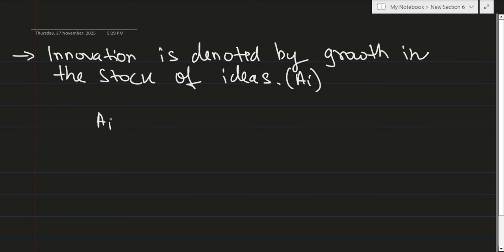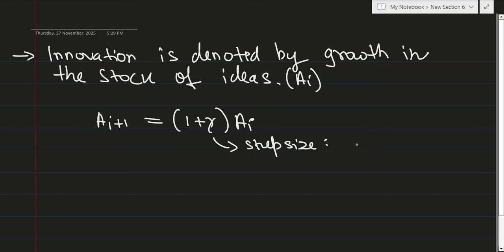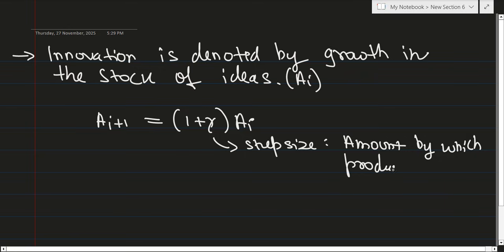So we have A_{i+1} equals (1 plus gamma) into A_i. Now here this gamma is very important, the step size. What this means is that this is the amount by which productivity rises when an innovation actually occurs.